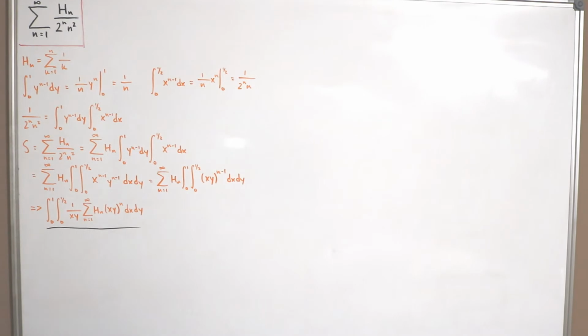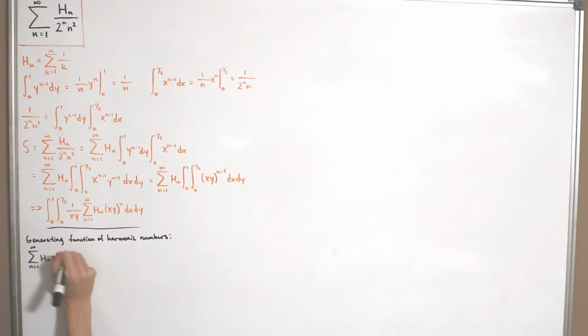And so now the next thing I want to recall is that the generating function of the harmonic numbers is defined as the following. We have the infinite sum, n is equal to 1, of h sub n times x to the power n.